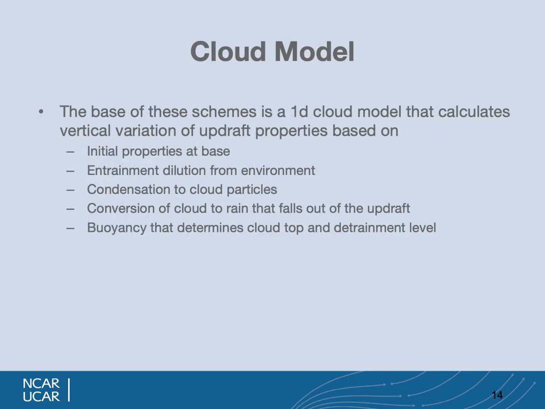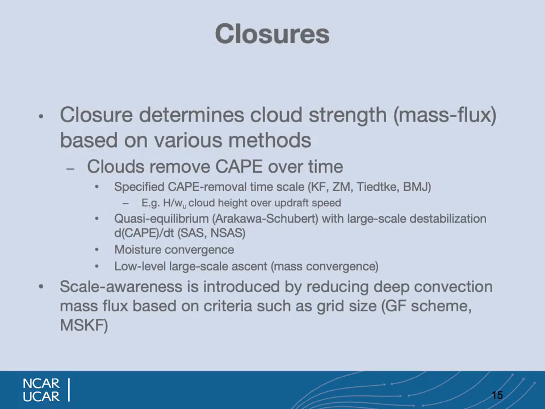These are basically a 1D cloud model that calculates the vertical variation of updraft properties based on the initial properties at the base, entrainment dilution from the environment, condensation producing cloud particles, a conversion of cloud to rain that falls out of the updraft, and buoyancy, which determines the cloud top and the detrainment level. So all these are handled in a one-dimensional simple cloud model with basic condensation and growth into rainfall inside that cloud model.